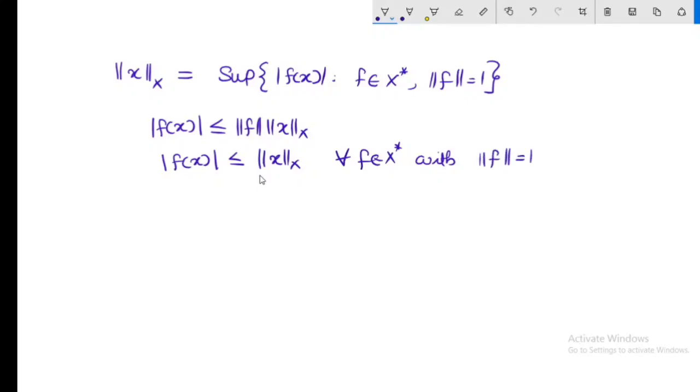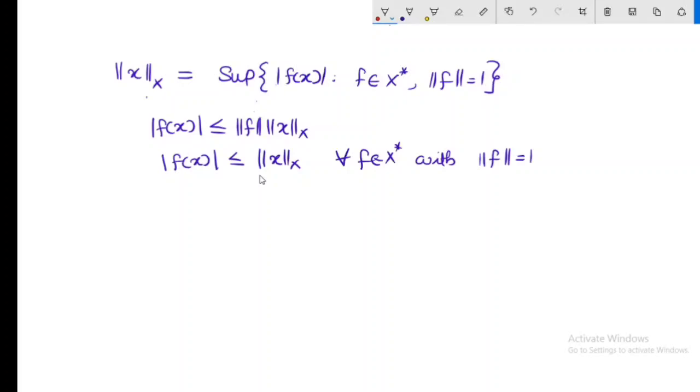Clear? That means for any linear functional f, mod f of x is less than or equal to this one, for any f belongs to X star with norm of f equal to 1. Now we have to prove that the supremum value is equal to this one.